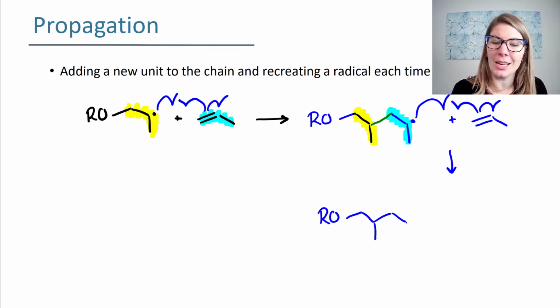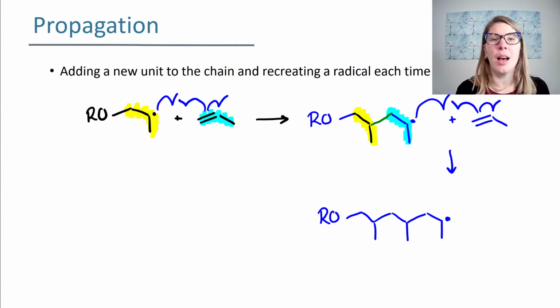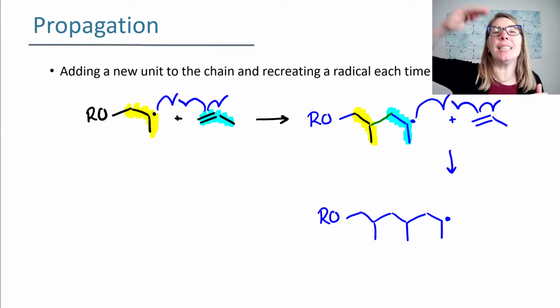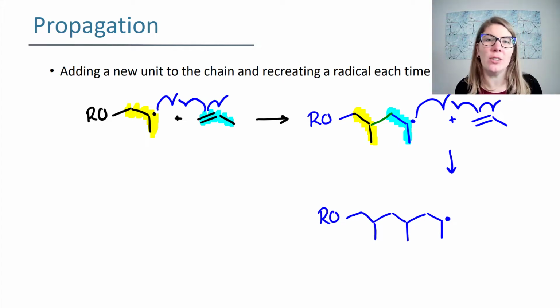Now, long chains are actually really important in polymer chemistry because the properties of your polymers are dependent upon the chain length. So if your chains are short, you're going to have different physical properties than if your chains are long. And at some point it levels out, but you need to get to that point where your chains are long enough that the properties stay consistent.